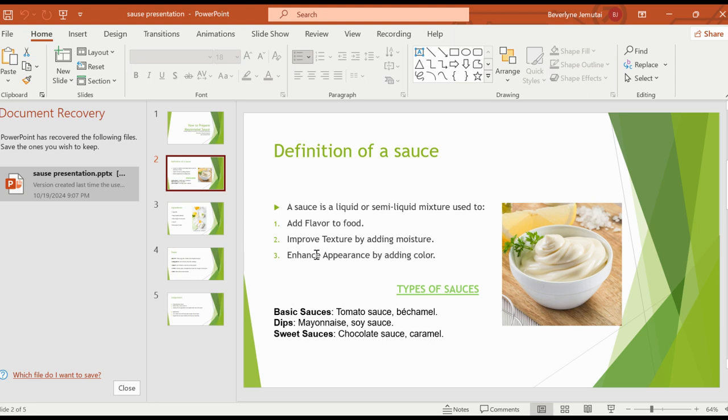Now we are going to look at the types of sauces.